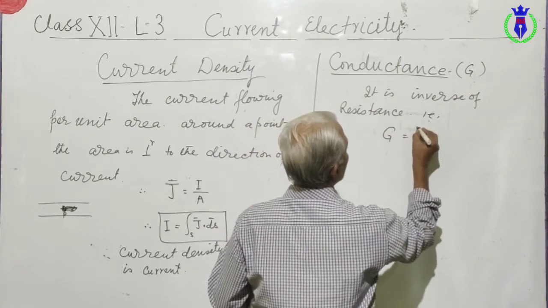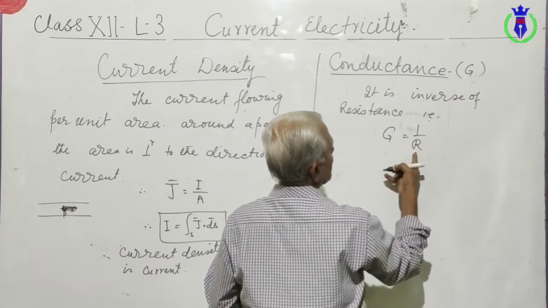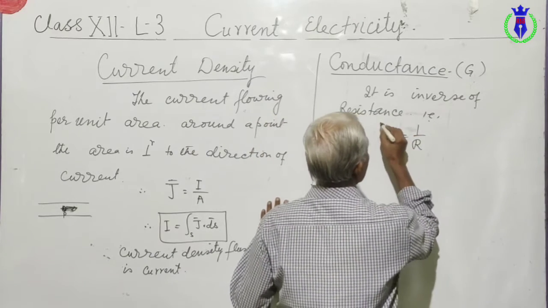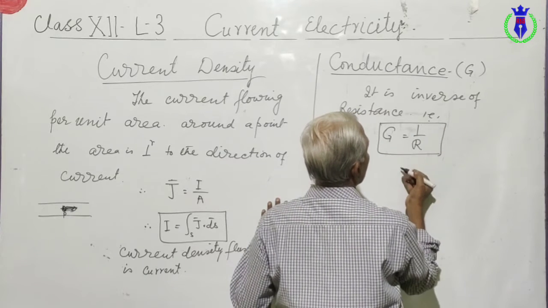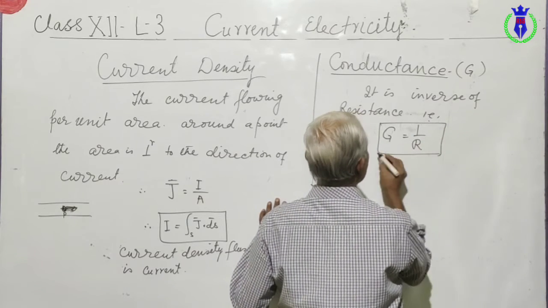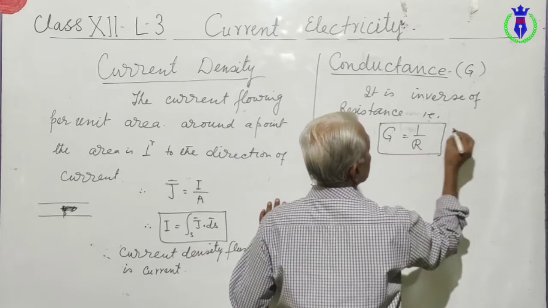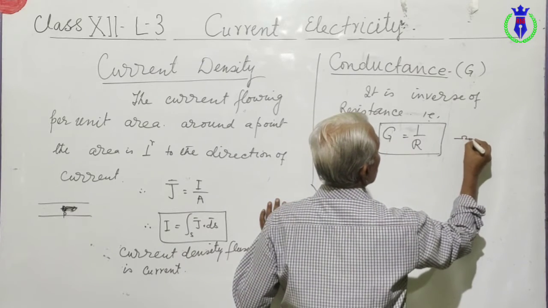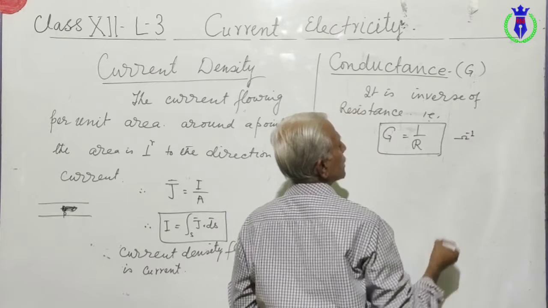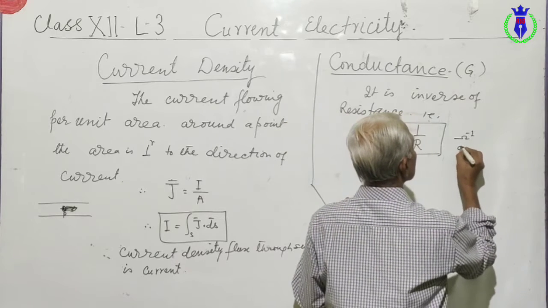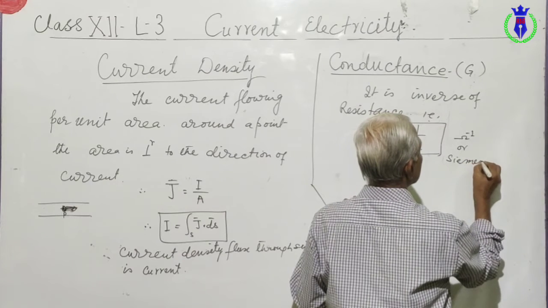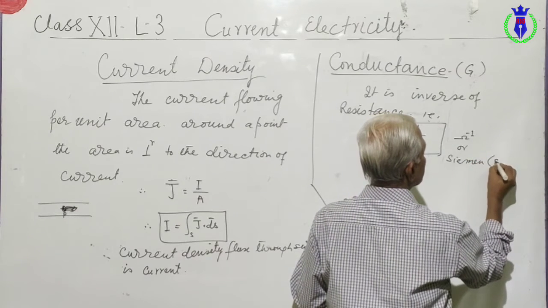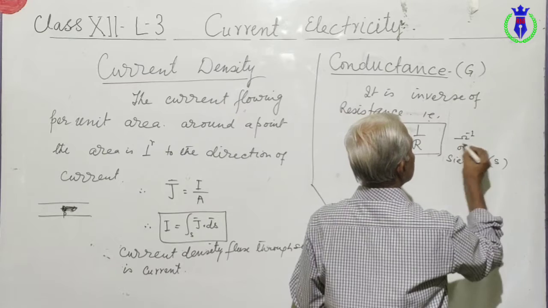G is equal to 1 upon R, where R is resistance. Conductance is equal to 1 upon R, and therefore the unit of the conductance is ohm inverse, or Siemens भी कहते हैं इसको, and represented by S. This is the unit.